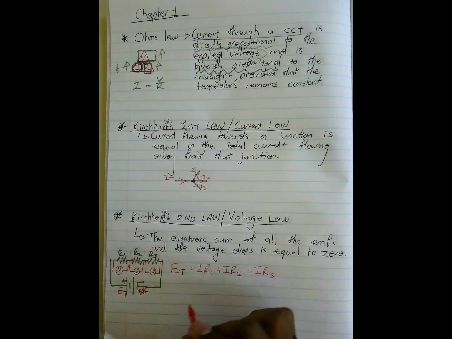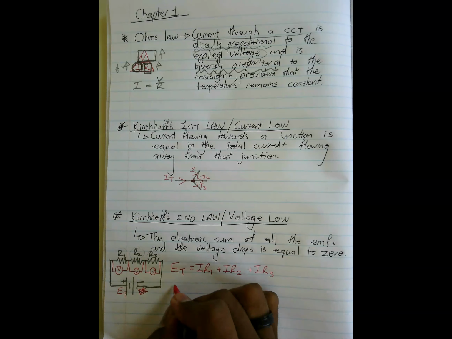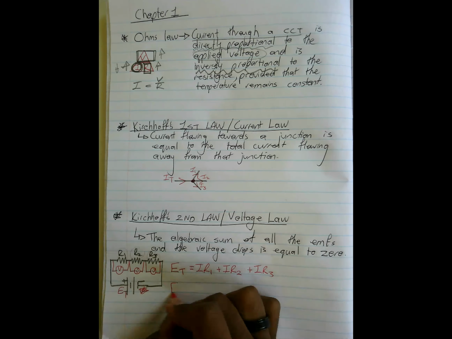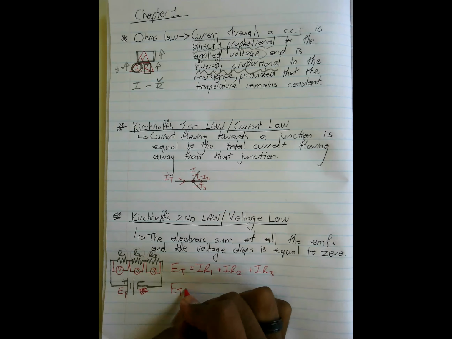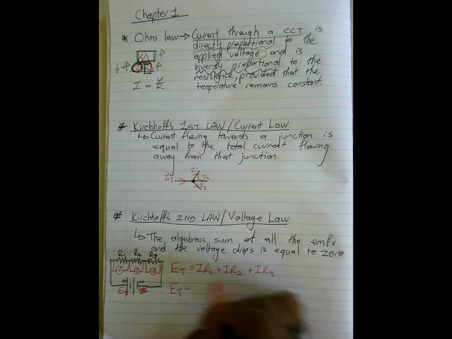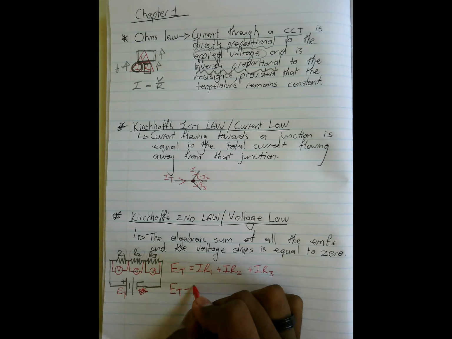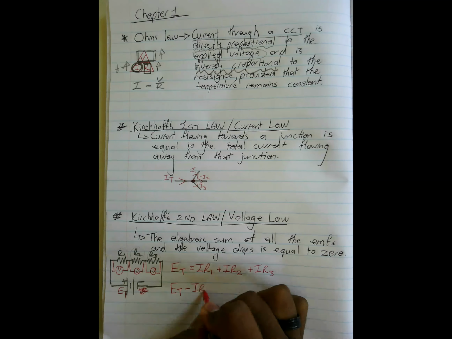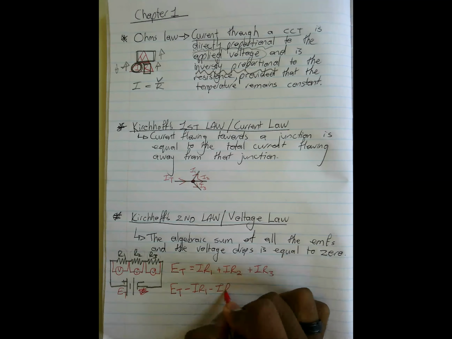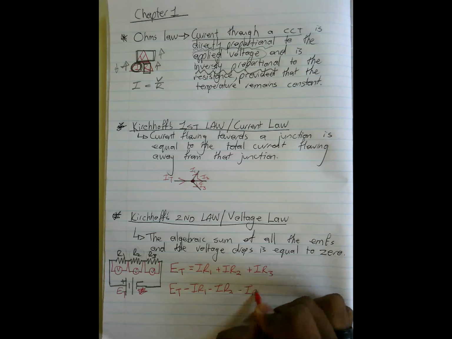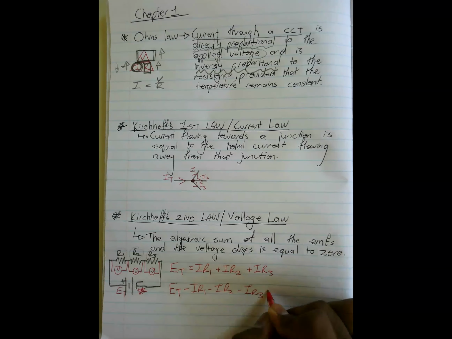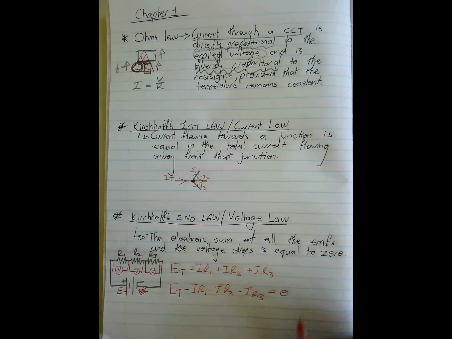And for it to equal zero makes sense because if we bring this to this side of the equal sign, we know that the sign changes. So total minus IR1 minus IR2 minus IR3 will equal zero.